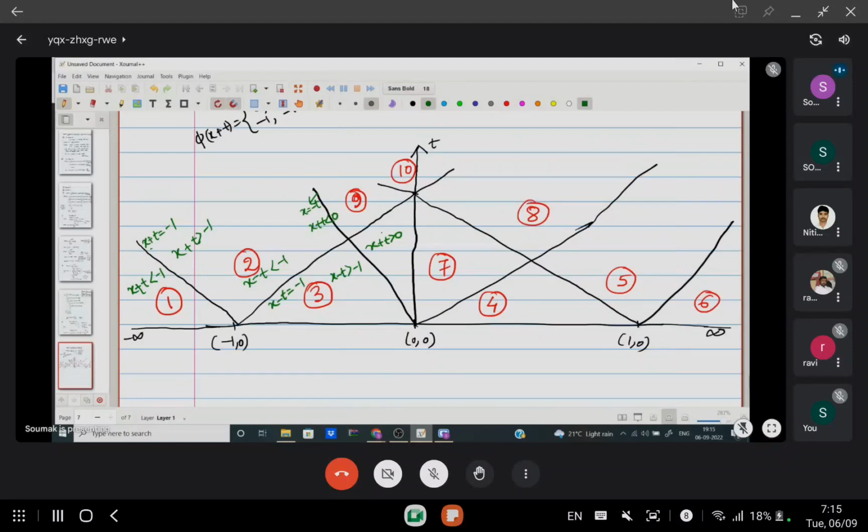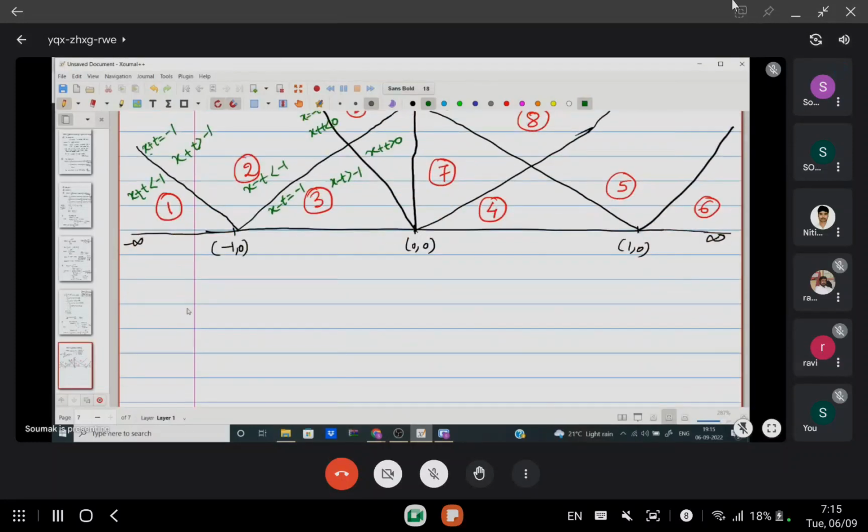So let me first write the regions and values. This is region, this is values. Regions are 1, 2, 3, 4, 5, 6, 7, 8, 9, 10.